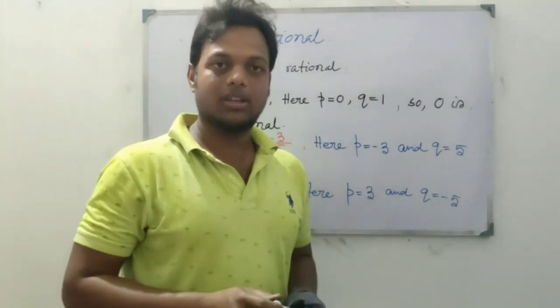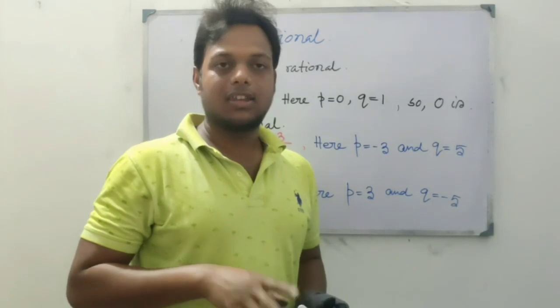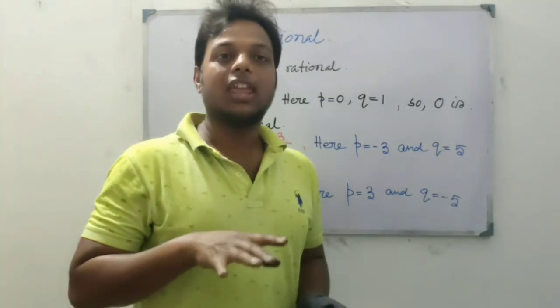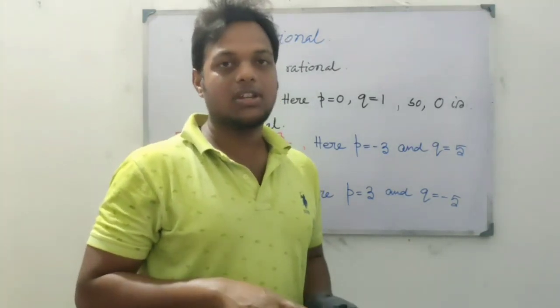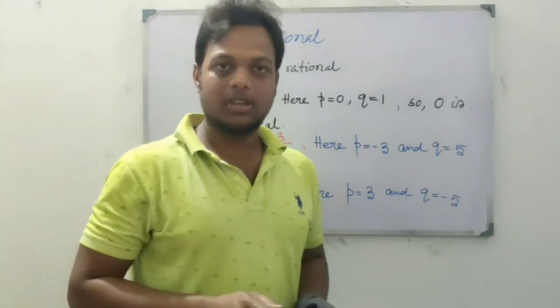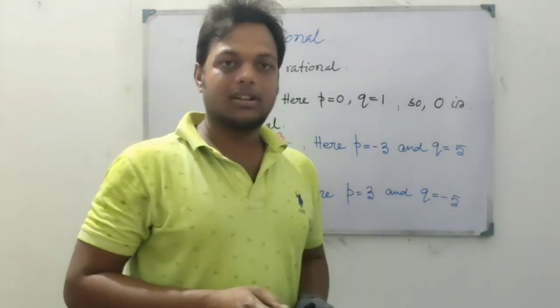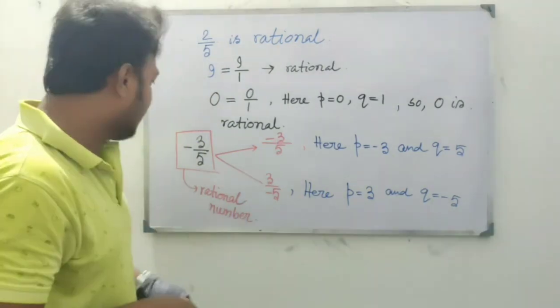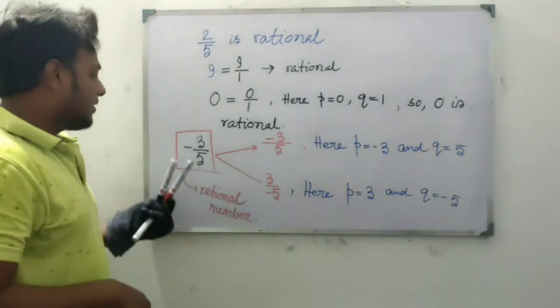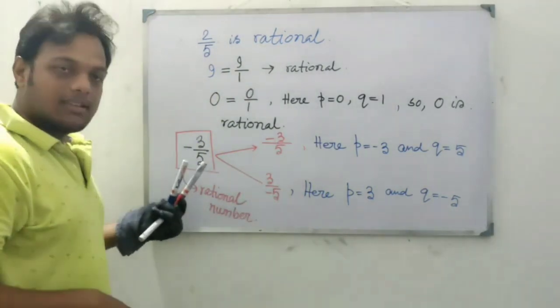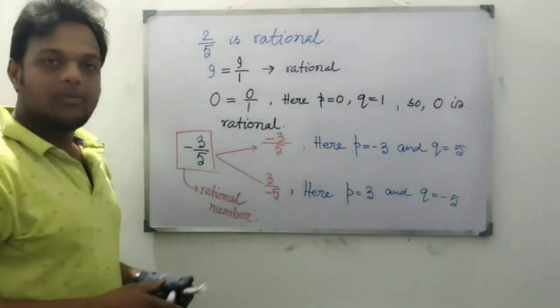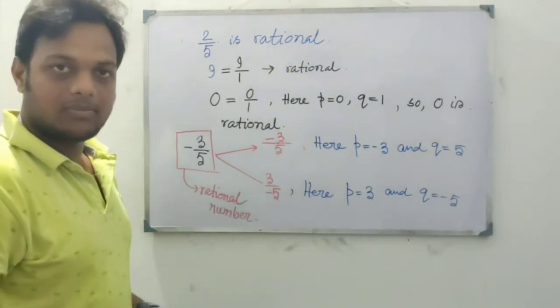Now the question arises, you will get the answer that why foreign authors use q greater than 0. For this condition q greater than 0, we will get the unique expression of p by q. Suppose in exam time, I am giving you a question: is the number minus 3 by 5 a rational number?